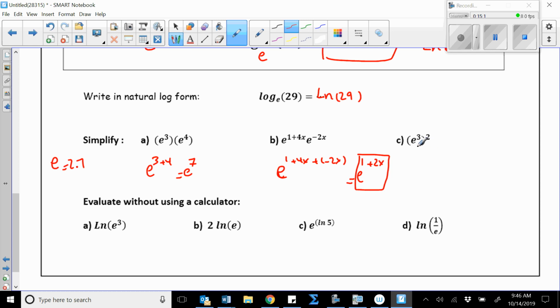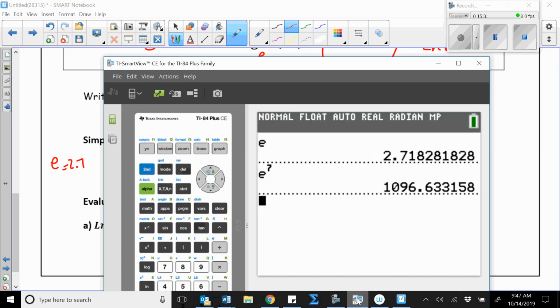And this one, e to the power of 3, to the power of 2. You can just multiply the exponents. So this will be e to the power of 3 times 2, which is 6. You can even use your calculator to find the exact decimal number. However, in this special case, we don't have to do that. We're just simplifying. But I'm going to show you how to find it again.